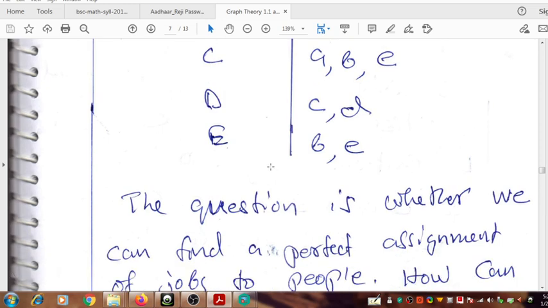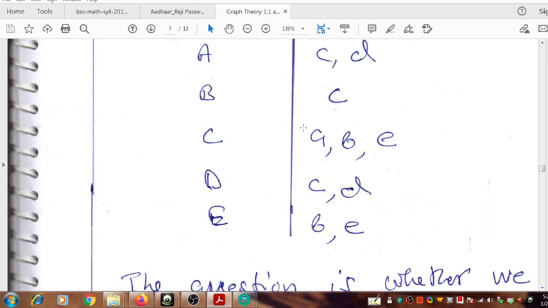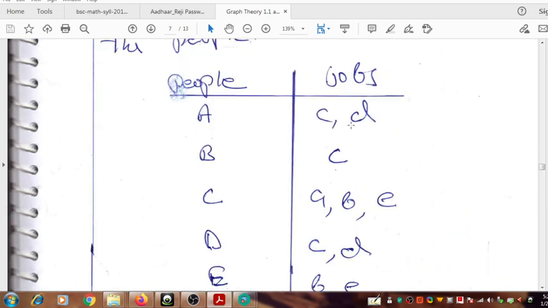The problem is basically based on a question. Can we find a job that can be assigned to each and every person? For the first person A, you can assign only c or d.